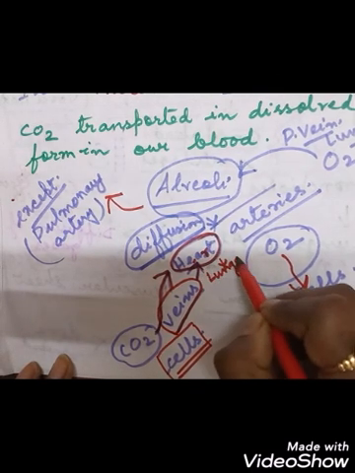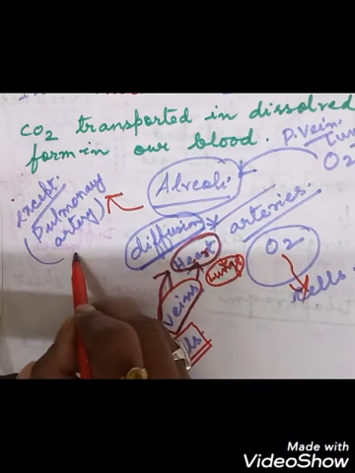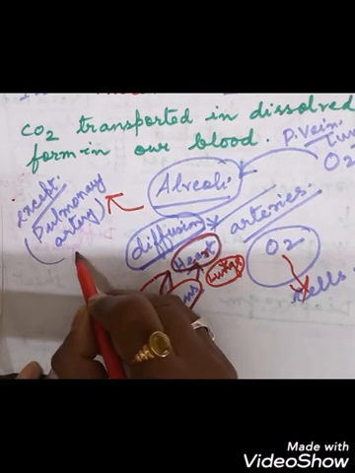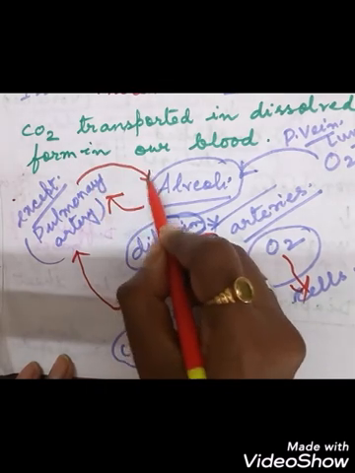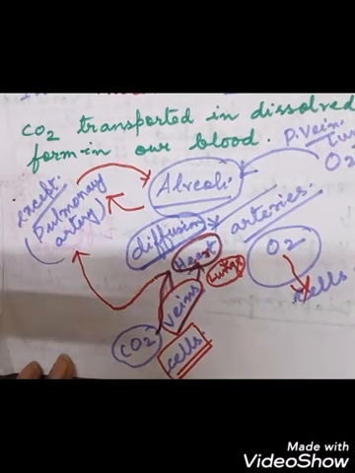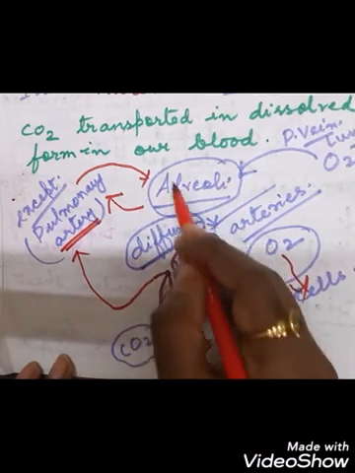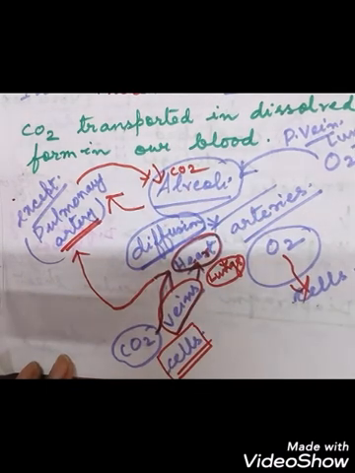This will send it to the lungs by the artery, that is the pulmonary artery, which will carry it to the lungs for purification. So this artery reaches the alveoli where carbon dioxide is given out.